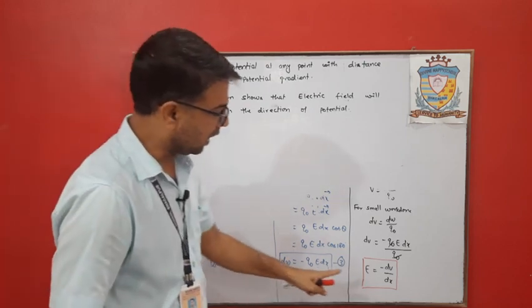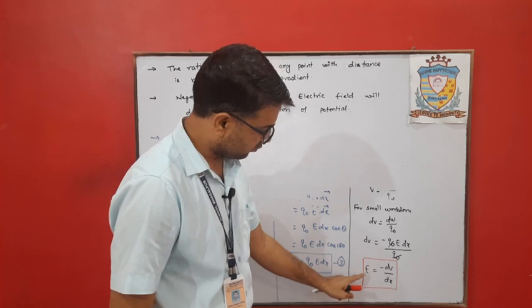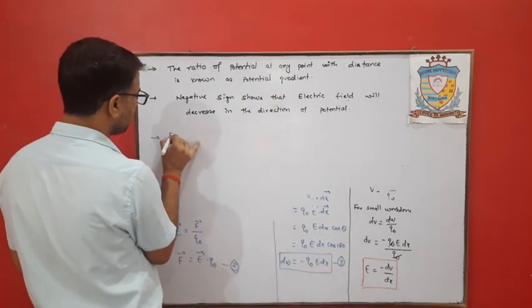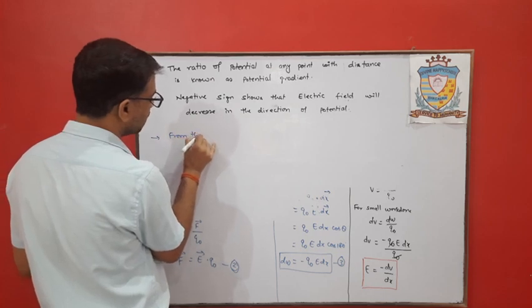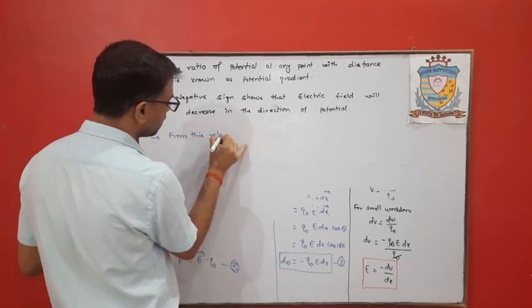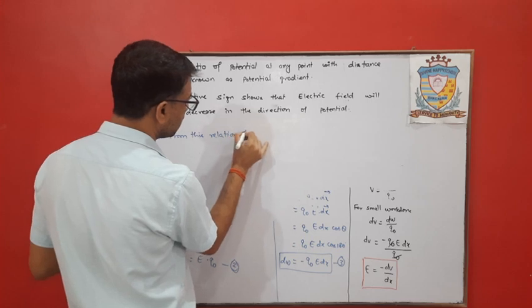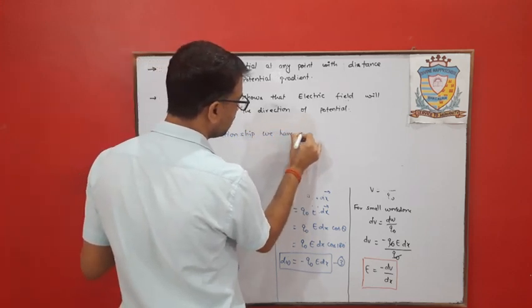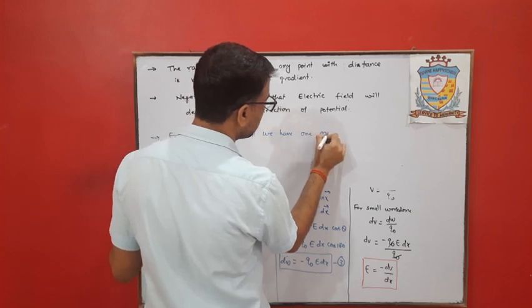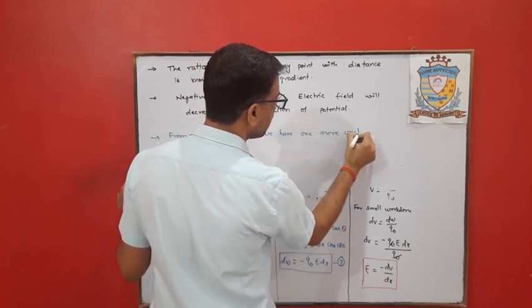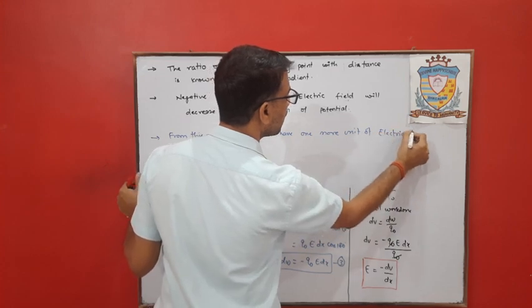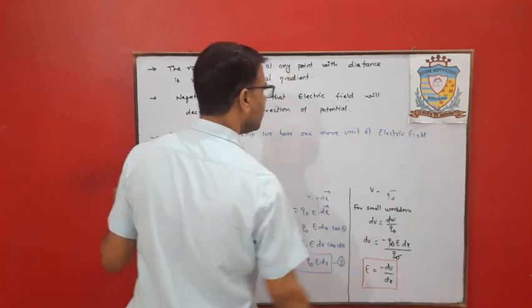Third point, from here we have one more unit for electric field. From this relationship we have one more unit of electric field.